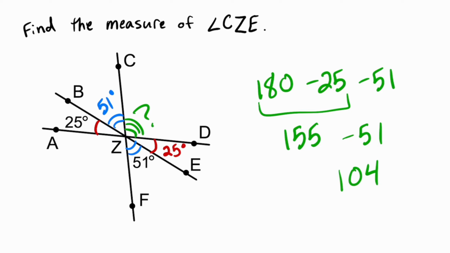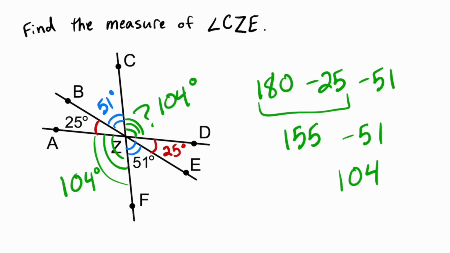So just like that, we know that angle CZD must be 104 degrees. And that also has a vertical angle, AZF, which is across from it, so that angle is also 104 degrees.